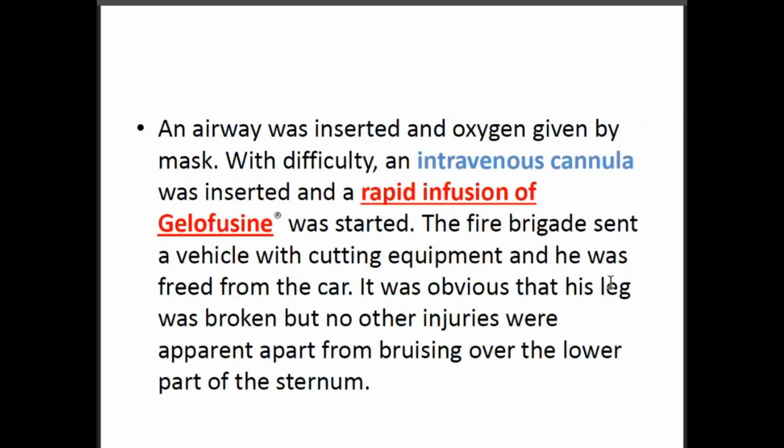As for the airway, because the patient was unconscious, we need to secure it, to do the ABC. And nowadays there is a little bit of change toward CAB. So you check the circulation first, then the airway and the breathing. But in general, you can take it as ABC for now.